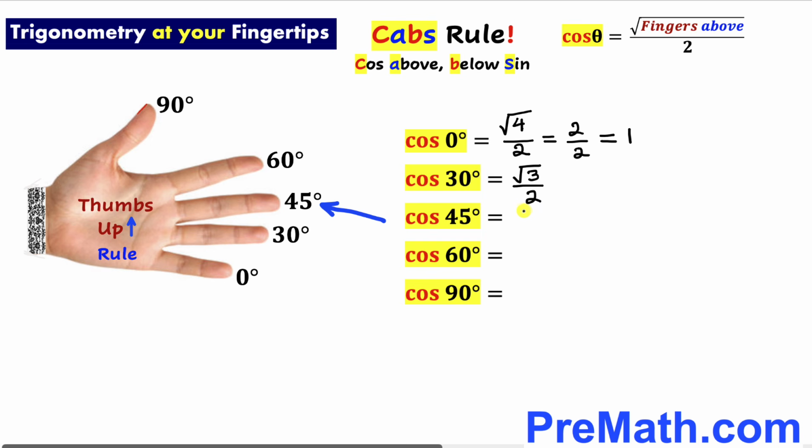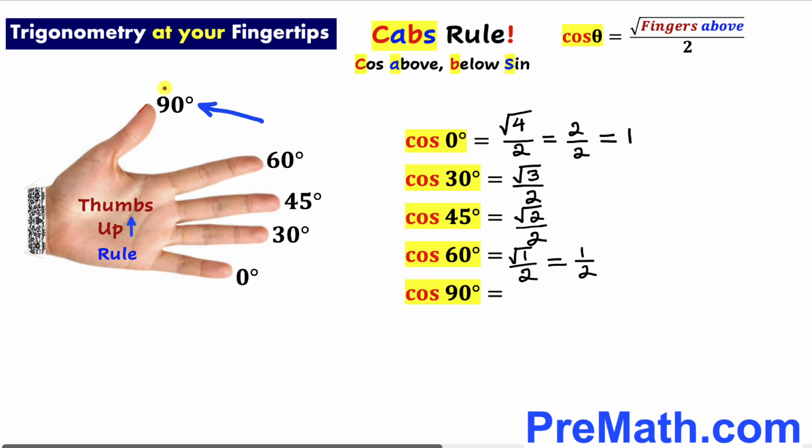So therefore, cosine of 45 degrees is going to be equal to the square root of 2 divided by 2. And likewise, we are going to calculate the value of cosine of 60 degrees. We can see we got only 1 finger above this value. So therefore, the cosine of 60 value is going to be the square root of 1 divided by 2. And we know the square root of 1 is 1 at the numerator.